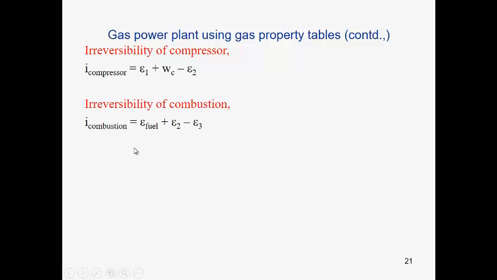Similarly, the irreversibility of the combustion is obtained from the exergy balance of the combustion chamber. In combustion chambers there is no work involved, that's why it is only the exergy balance, that is the exergy of the fuel plus the exergy at the exit of the compression minus the exergy at the exit of the combustion chamber.